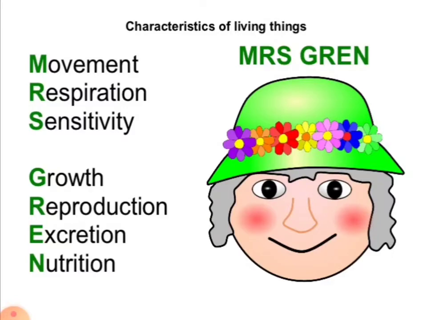So all living organisms show movement. Then respiration: whether unicellular or multicellular, all organisms follow the process of respiration. Then sensitivity, growth, reproduction, excretion, and nutrition. These are some of the characteristics of living things which differentiate them from non-living beings.